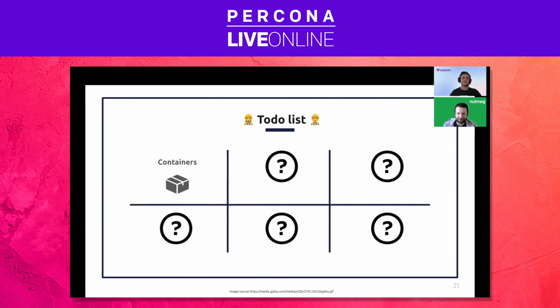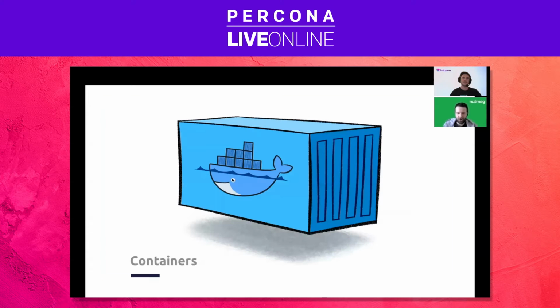First things first, containers. So what is a container? Quoting the docker.com website, a container is an image, a lightweight standalone executable package of software that includes everything needed to run an application. And as Jérémy mentioned before, to deploy a pod, we do need a Docker image.